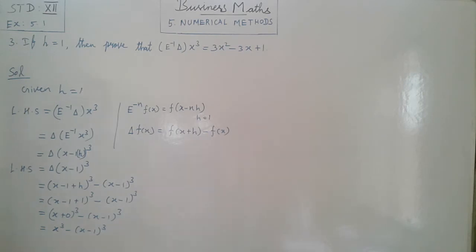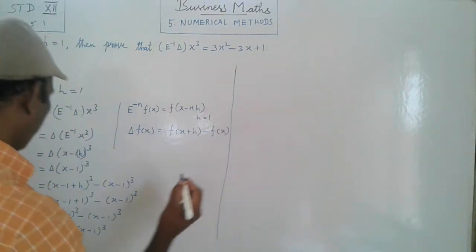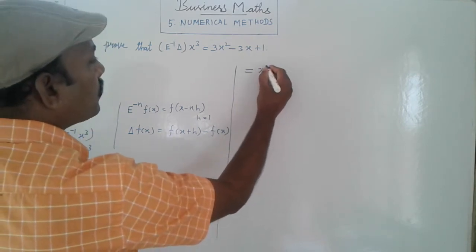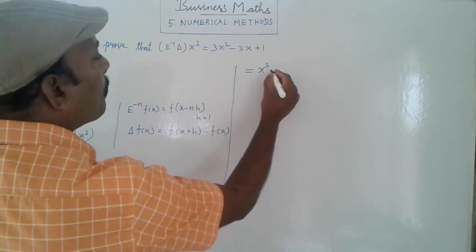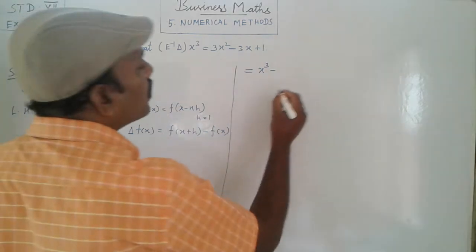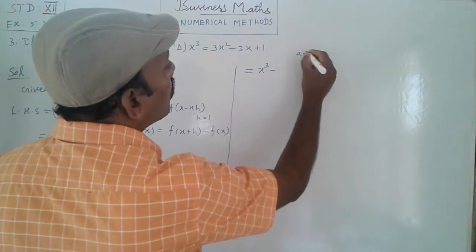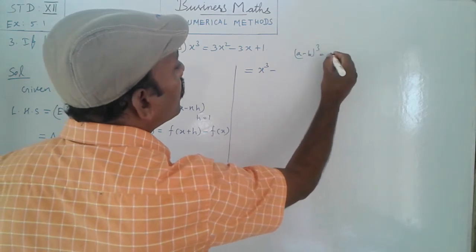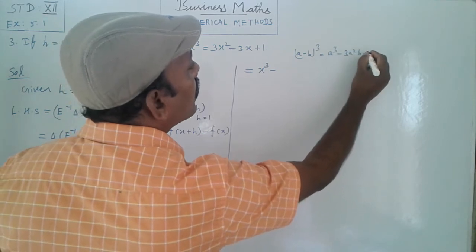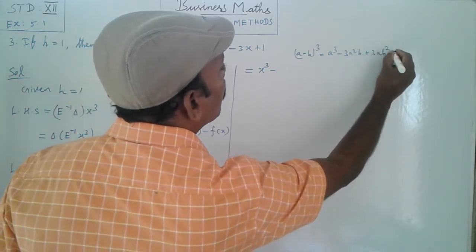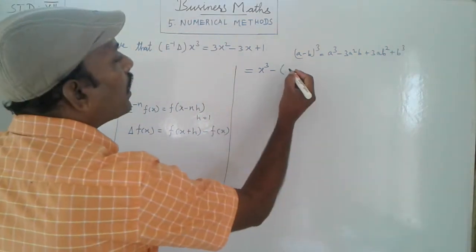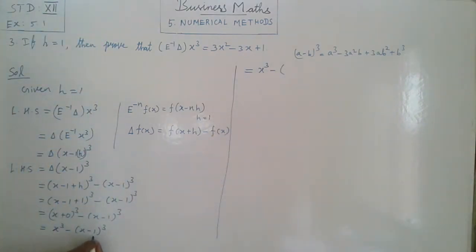We know the formula for a minus b whole cube: a minus b whole cube equal to a cube minus 3a square b plus 3ab square minus b cube. Substitute this formula here. A is x, b is 1.